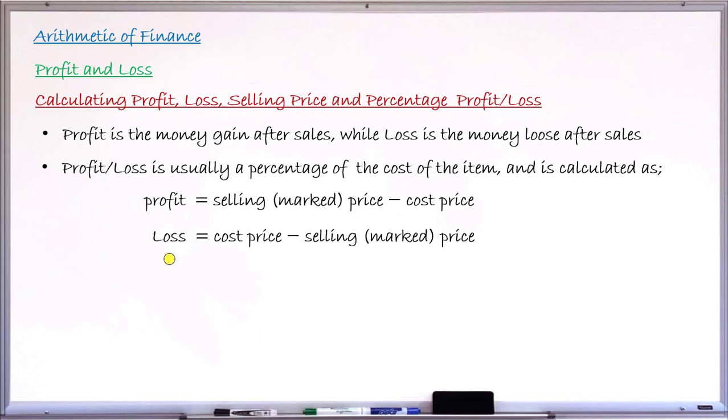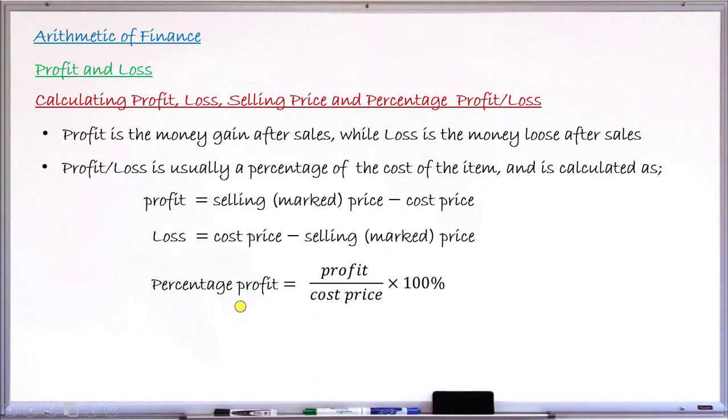Similarly, if you want to find the percentage profit, what you simply do is find the profit. That will be your numerator, divided by the cost price, multiplied by 100%. This gives you the percentage profit because we said profit is usually a percentage of the cost of the item.